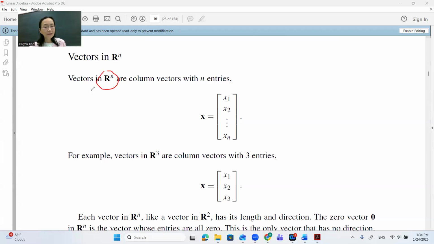But this n doesn't have to be 2. It can be bigger than 2. We can still define the sum and scalar multiple similarly. For example, if we add 2 vectors of this form, that means we simply get another vector of n entries by adding the corresponding entries. Scalar multiple is also defined similarly. So x and y can be in n-dimensional space.